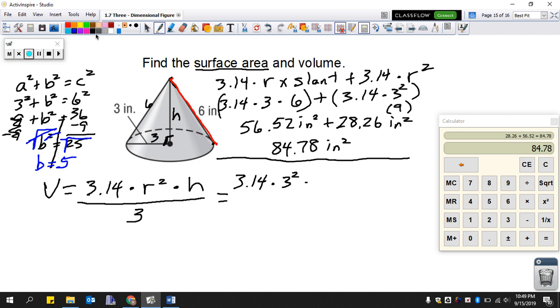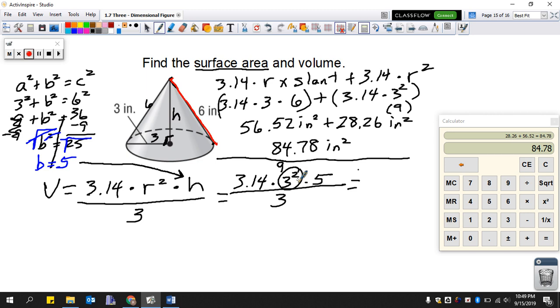All right, so now we're back to this. So that's this value here of our height. Okay, so we have 5 divided by 3. All right. So remember, this right here is 9.